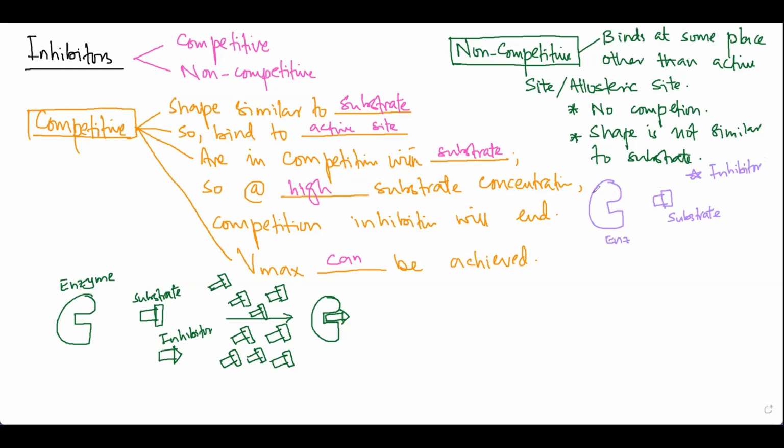It binds at a place other than the active site, and this distorts the shape of the enzyme, so the enzyme cannot work well. So no matter how much you increase the substrate amount, unless this inhibitor leaves, the enzyme won't work. Some enzymes to which a non-competitive inhibitor is bound will not be able to work unless you remove the inhibitor, no matter how big the concentration of substrate is. That's why we say that Vmax can't be achieved.